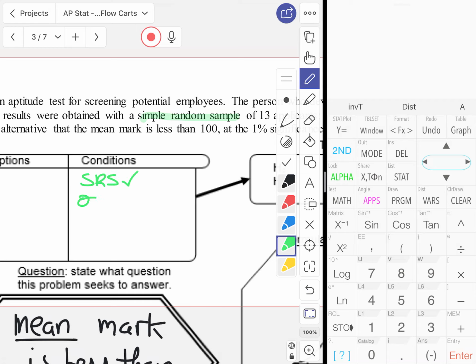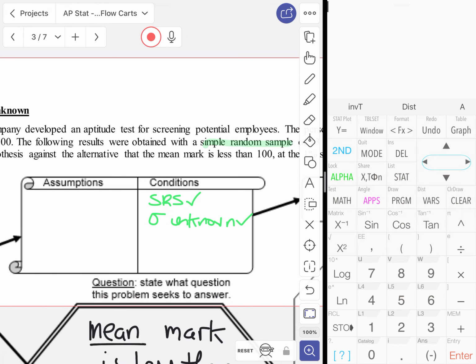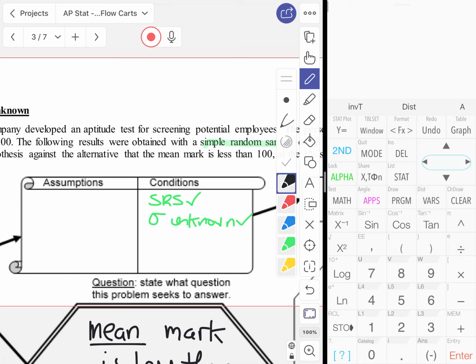Sigma is unknown. But the one thing they don't talk about is normality. So we have to make that an assumption because the sample size doesn't meet the requirement of being more than 30. So we're assuming we're working with a normal distribution.